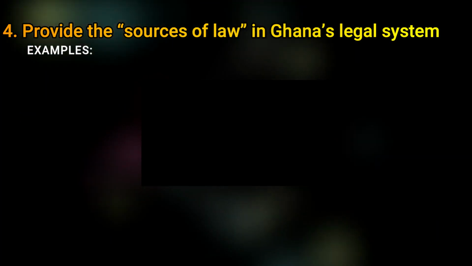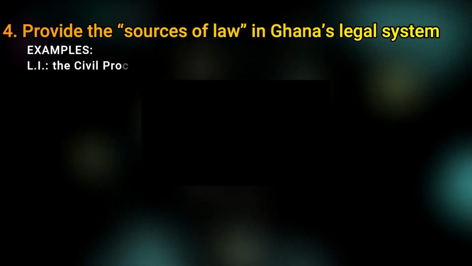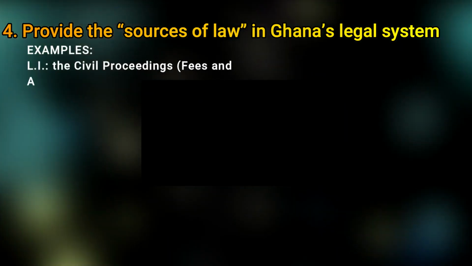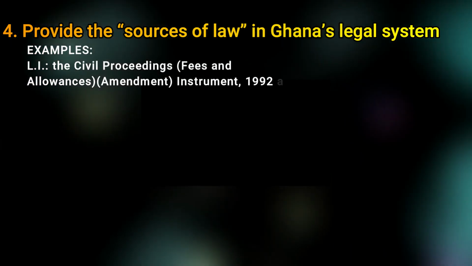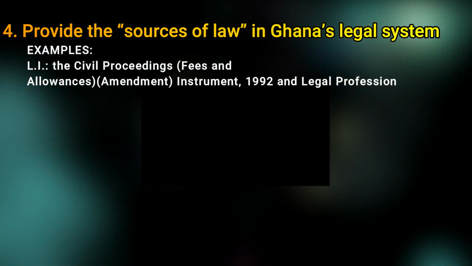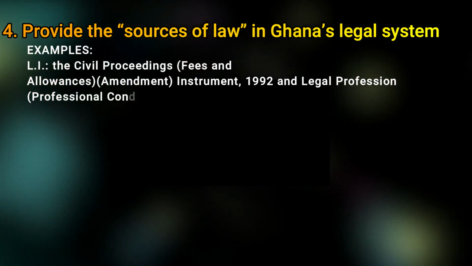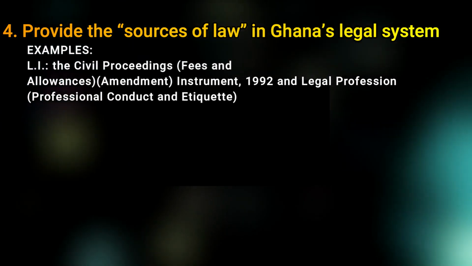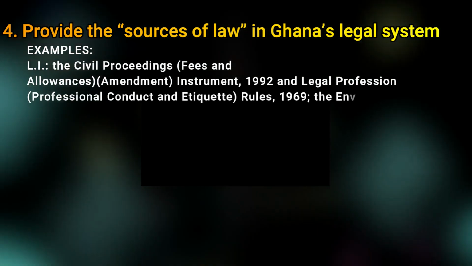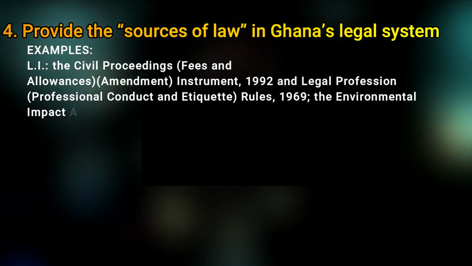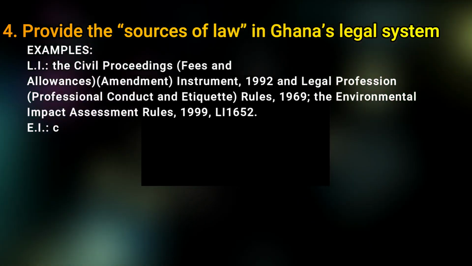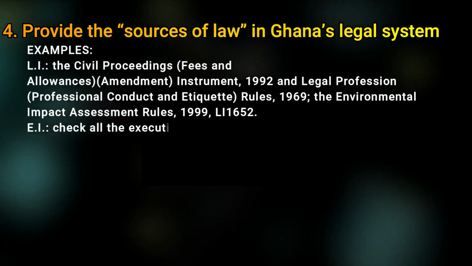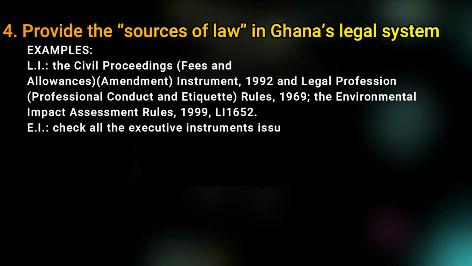Some examples of legislative instruments, or LIs, are the Civil Proceedings, Fees and Allowances Amendment Instrument 1992 and the Legal Profession, Professional Conduct and Etiquette Rules 1969 and the Environmental Impact Assessment Rules 1999, LI 1652.